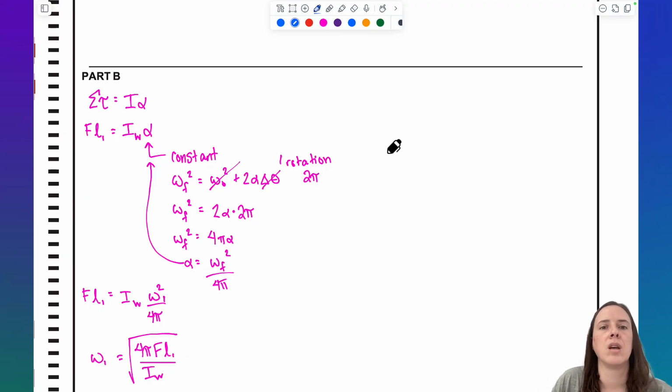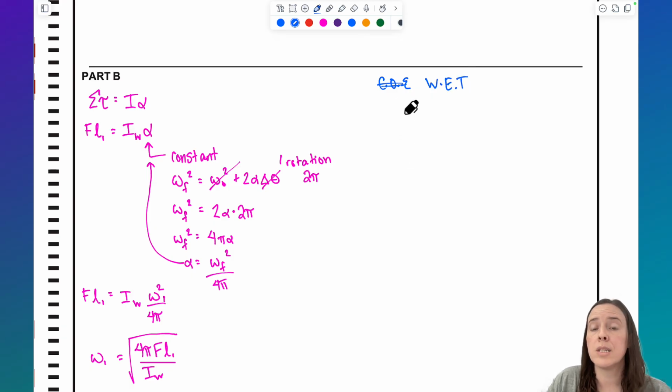Nice. All right, if you wanted to do it the energy way, then from conservation of energy, or the work energy theorem, technically that would be the work energy theorem, the work done is going to be the torque times the angular displacement, and that's going to change my rotational kinetic energy.